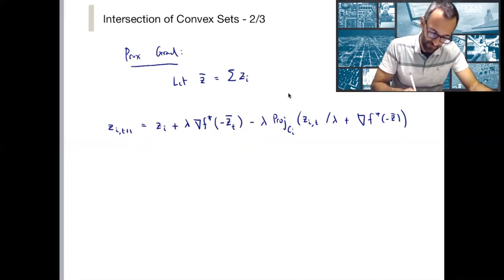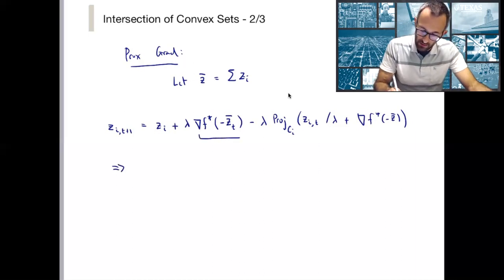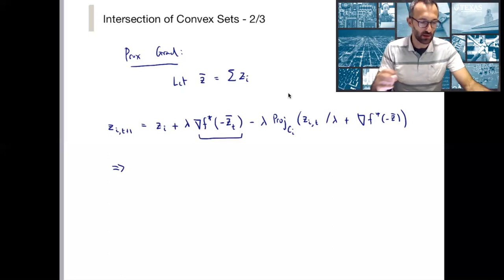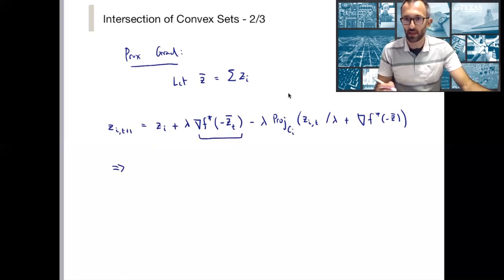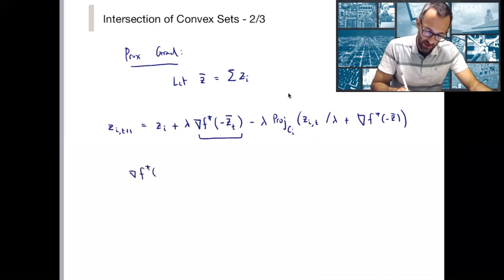And therefore, my algorithm now, what is missing? I just need to write down this familiar thing, which is the minimization of the Lagrangian. So the gradient of f star of minus z bar is equal to x hat, which is equal to the argmin.